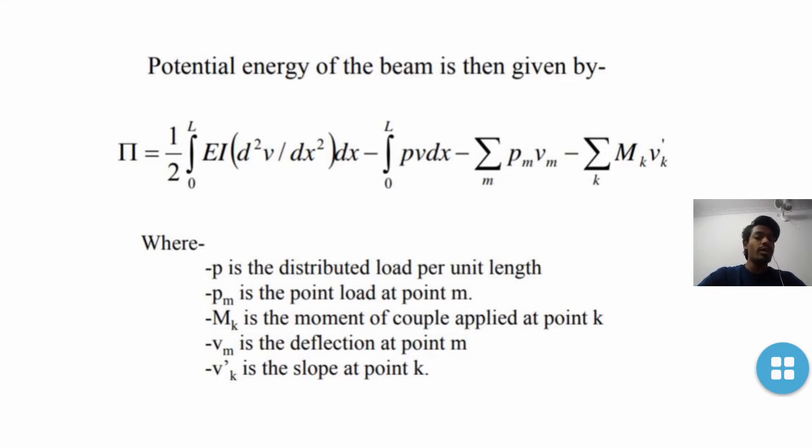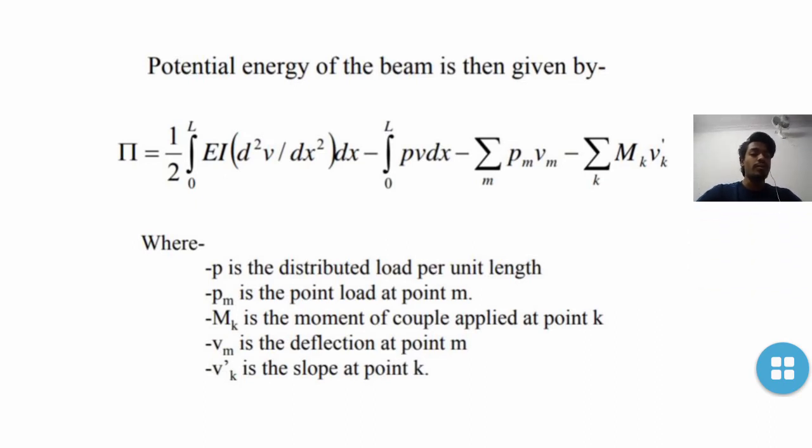Here p stands for the distributed load per unit length, Pm is the point load at point m, Mk is the moment of couple applied at point k, vm is the deflection at point m, and v dash k is the slope at point k.